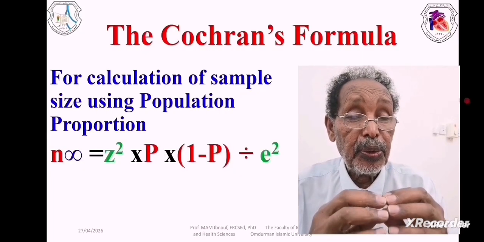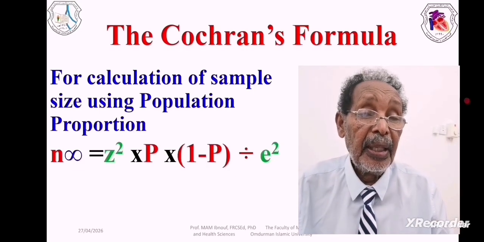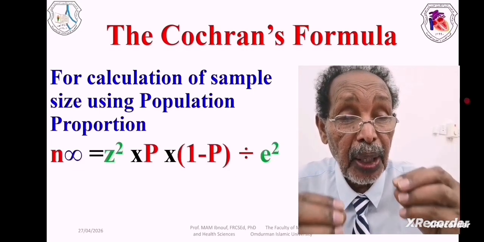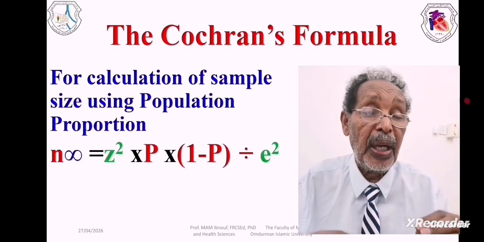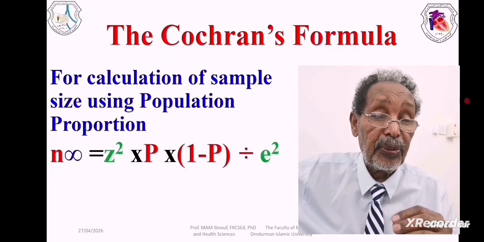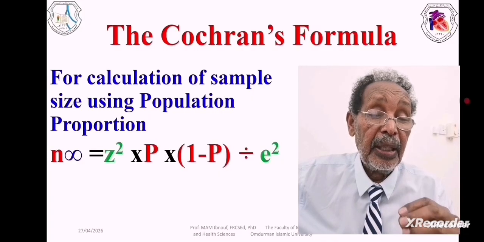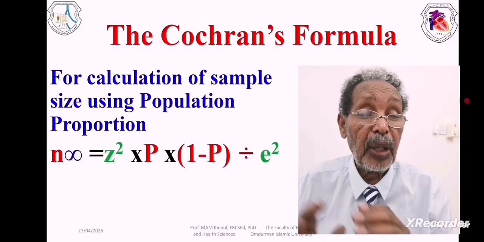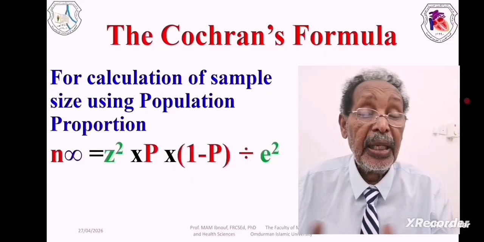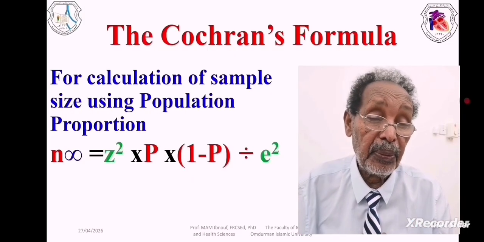But if we are going to use a parameter or a proportion from a study, then the sample size we get, we have to divide it by the number of patients in the study from which we get the proportion. And if it is more than 5%, we have to apply a finite population correction. If it is less than 5%, no need for finite population correction.